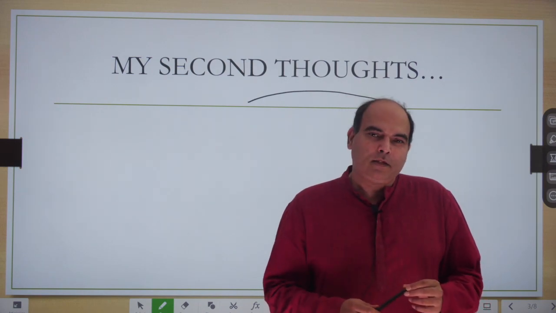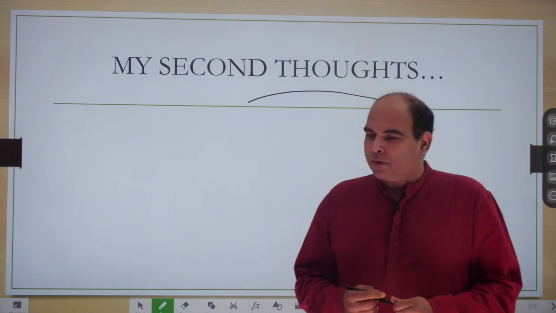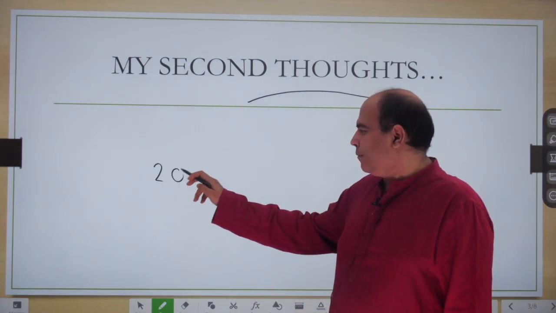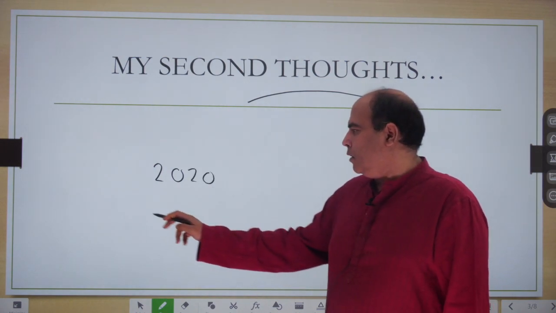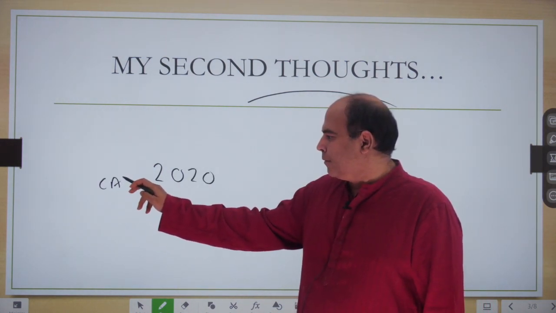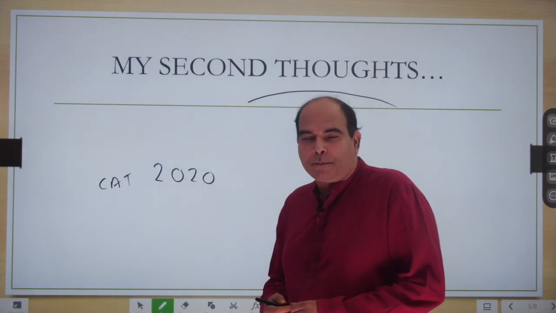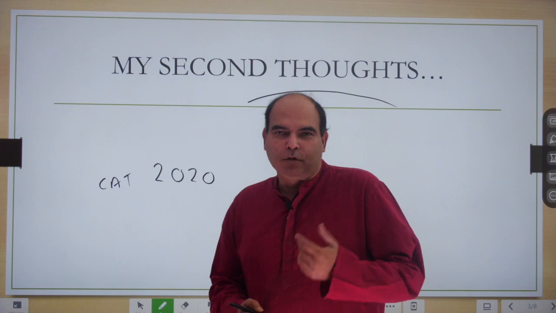So what I've done in this first video is I've taken a question from the CAT 2020 DILR section. When I decided which paper to pick up, I decided that I should pick up the most difficult one.